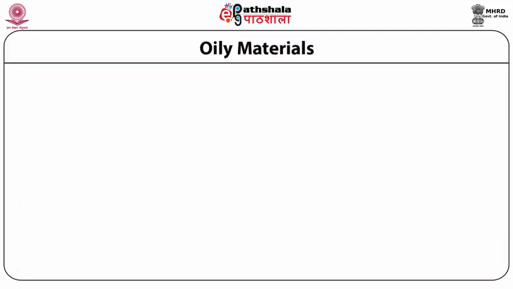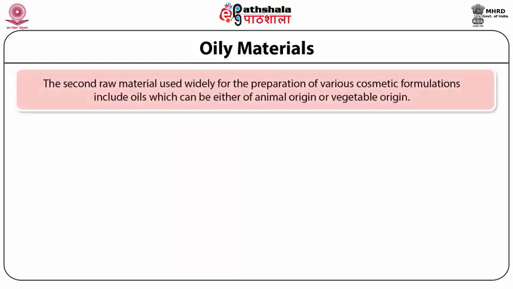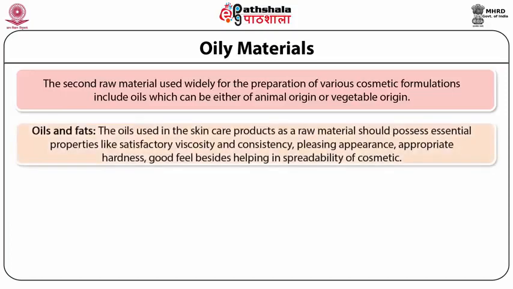Oily materials are another raw material used as a part of cosmetic products. The second raw material used widely for the preparation of various cosmetic formulations includes oils, which can be either of animal origin or vegetable origin. Oils and fats. The oils used in skincare products as a raw material should possess essential properties like satisfactory viscosity and consistency, pleasing appearance, appropriate hardness, and good feel, besides helping in the spreadability of cosmetics.